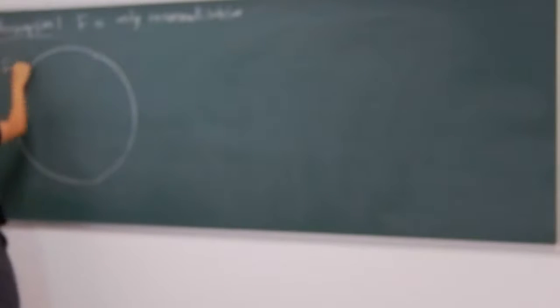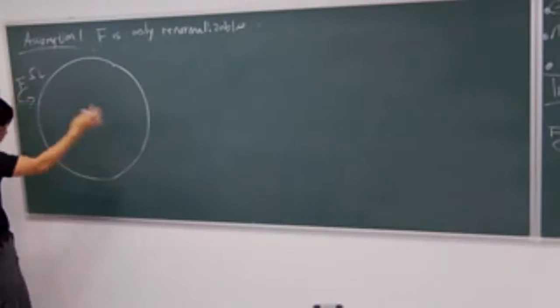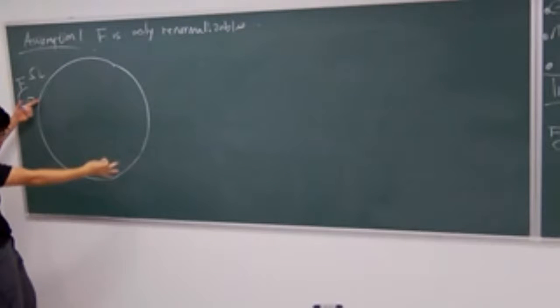So we again have this shape, F. F maps this Jordan domain.